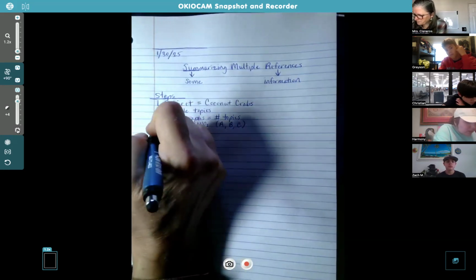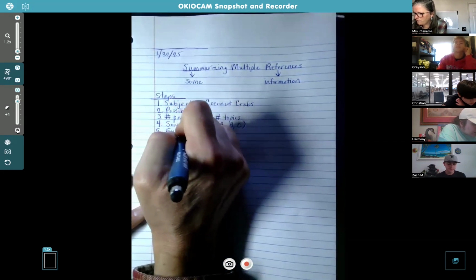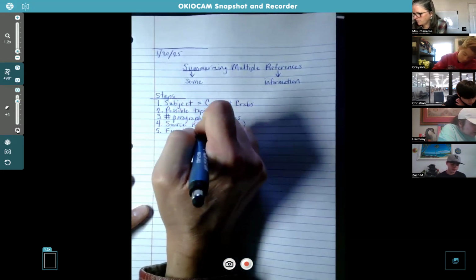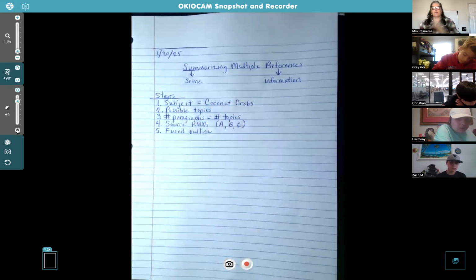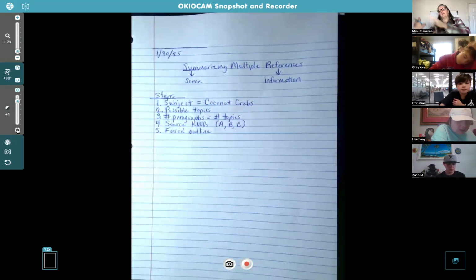And then number 5, you make your fused outline. Now we know what the fused outline is. We're going to combine information from each of those other keyword outlines. We're going to take a little bit from A, a little bit from B, a little bit from C, and put it together in the fused outline.